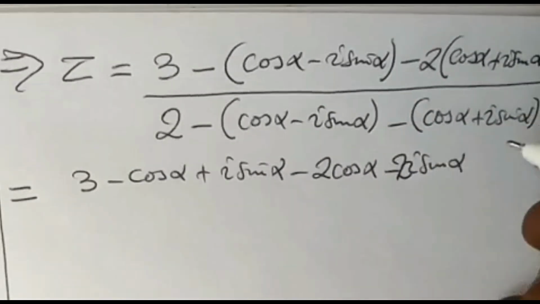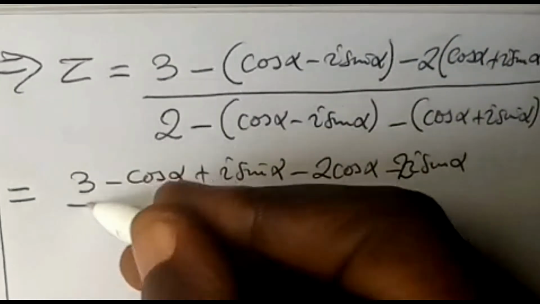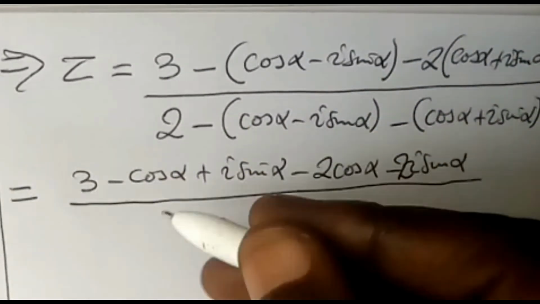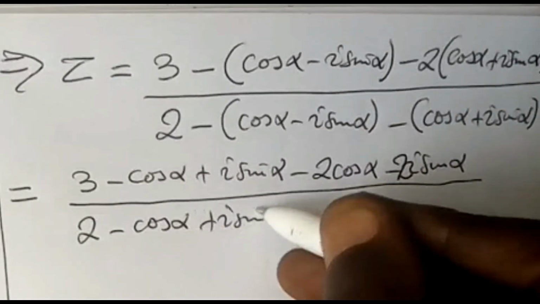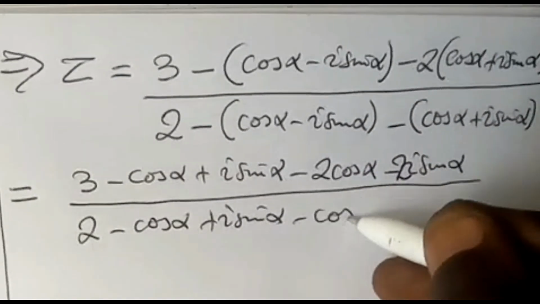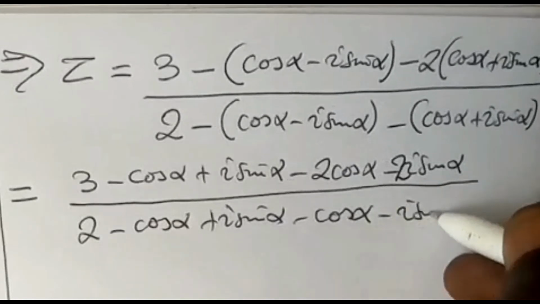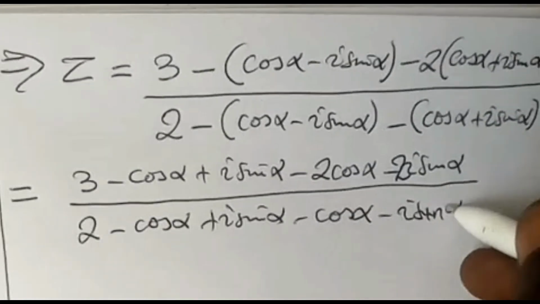It should be 2 i sin alpha, sorry, all over 2 minus cos alpha plus i sin alpha minus cos alpha minus i sin alpha.